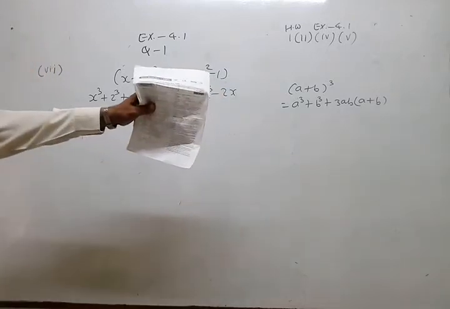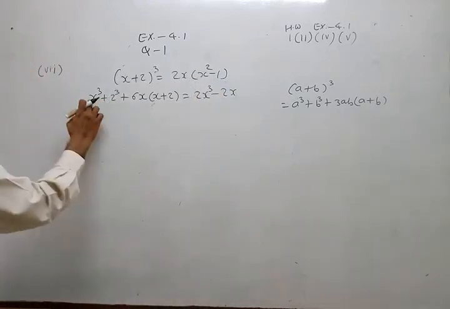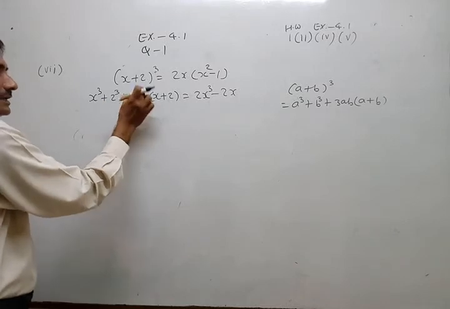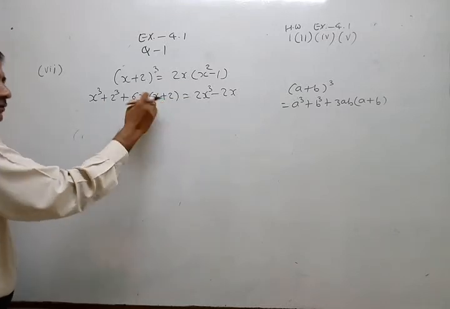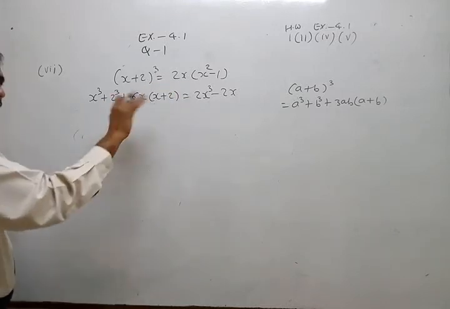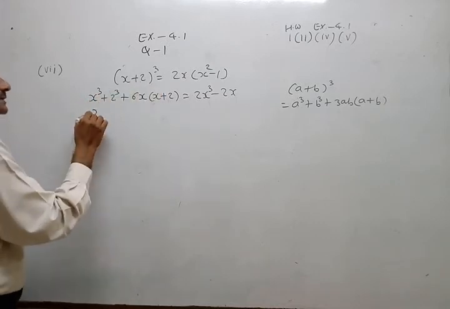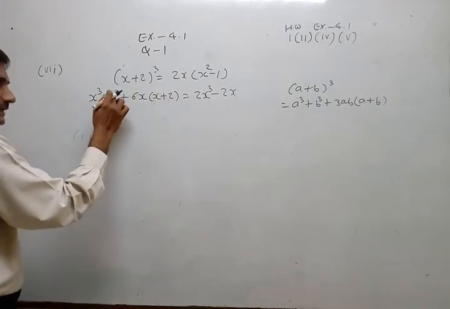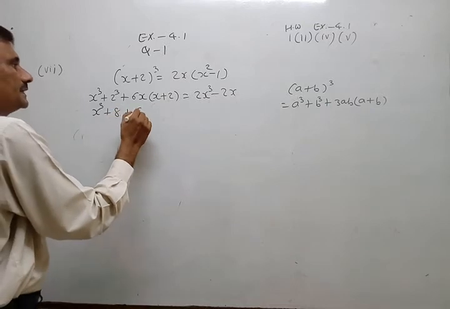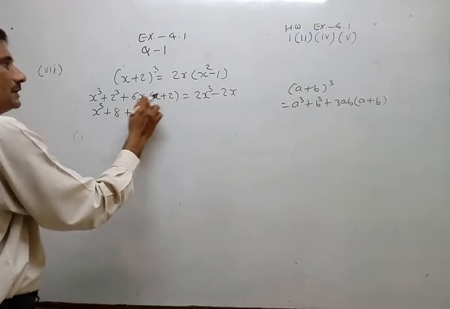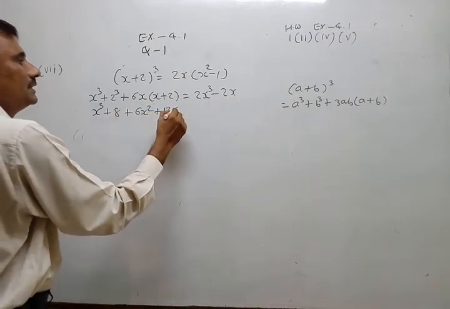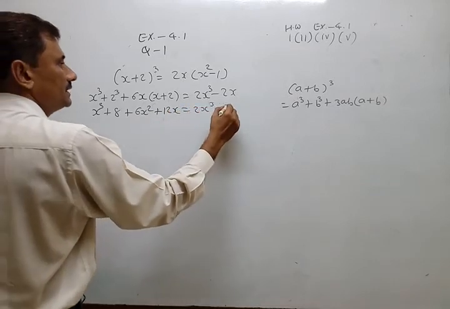Okay, this formula you should know: a cube plus b cube plus 3ab into a plus b. Now this bracket will open in the next step, not everything is expanded at a time. So x cube plus 8 plus 6x square plus 12x is equal to 2x cube minus 2x.